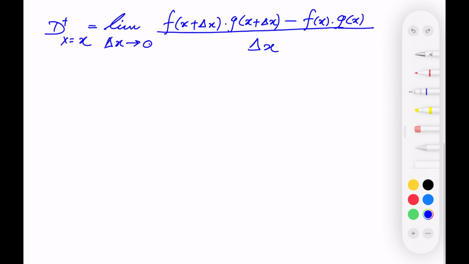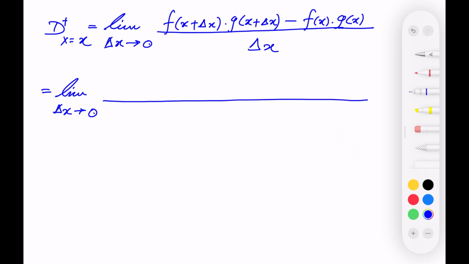To do further simplifications, I'm going to write down this is equal to limit as delta x approaches 0. Let me write down the first part of the numerator as it is for now. F of x plus delta x times g of x plus delta x. With that, I'm going to subtract and add the same quantity for the numerator so that there will be no change.